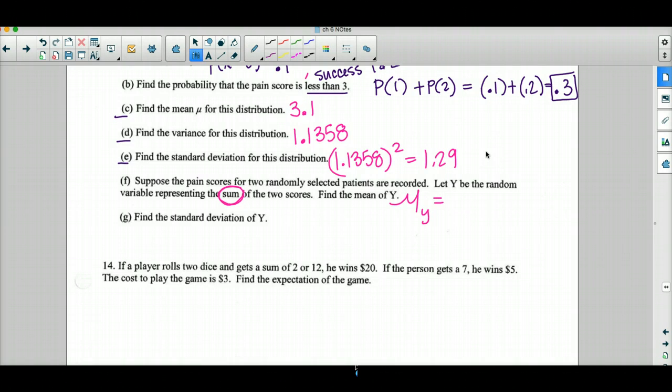What can I expect my first patient's pain score to be? 3.1. And what can my second patient be expected to be? 3.1. So I would expect the sum of the two to be 6.2.